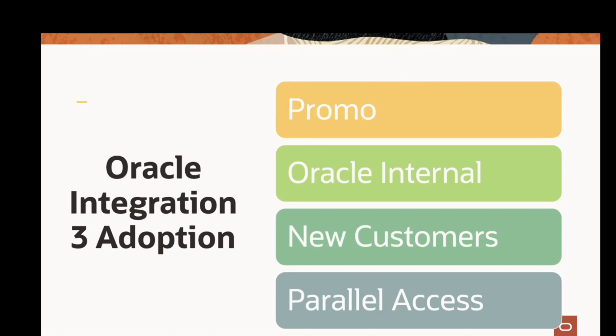We have net new customers on OIC 3 who started their development on OIC 3 and now are in production. And lastly, we have customers that have parallel access to both Gen 2 and OIC 3 and run them side by side to get a better feel of what OIC 3 provides.